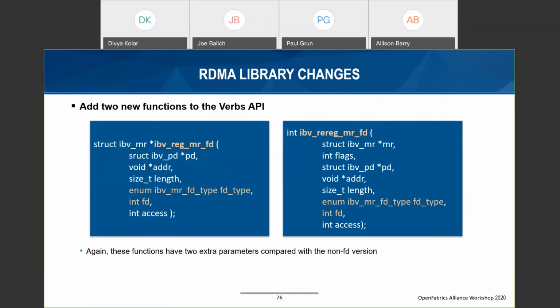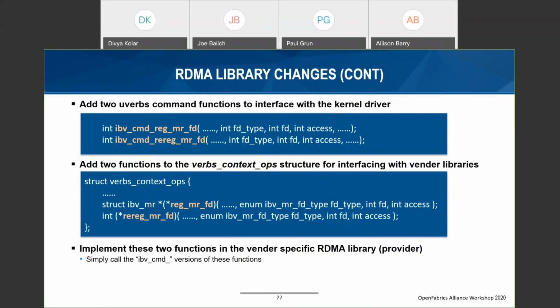In addition to the RDMA driver in the kernel, the user space RDMA library also needs to be changed to accommodate this new feature. Similarly, new functions are introduced with an actual parameter to pass the file descriptor down. Next slide, please. The user space also needs to add the Uverbs command functions, so the information can be passed down to the kernel.